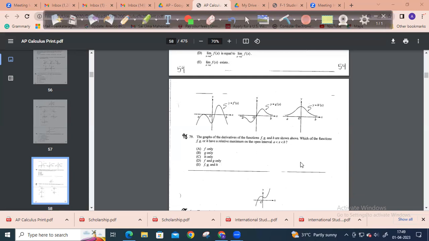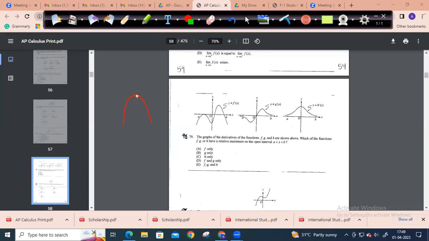When we have a relative maxima, you need to know the concept of the derivative f dash. The derivative should be positive, then zero. The derivative should change from positive to negative. On the left-hand side, the derivative should be positive; on the right-hand side, the derivative should be negative. The critical points where f dash is changing from positive to negative are the maximum points.